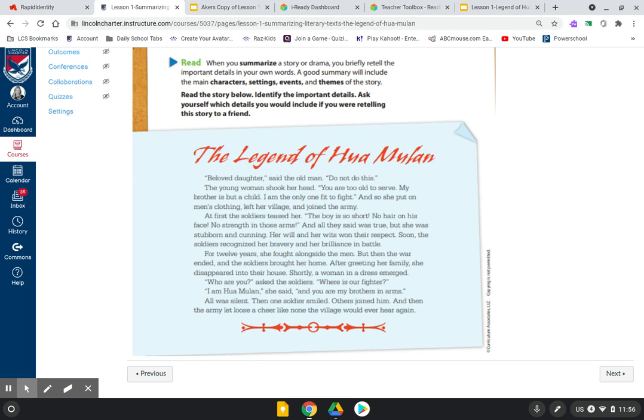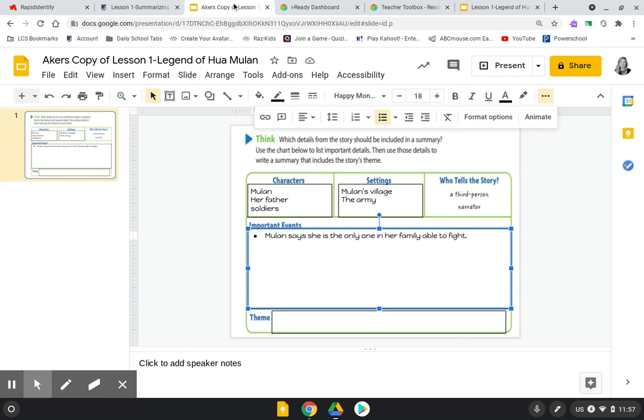The brother is too young because typically the men would then fight in the army. And then it mentions how she feels that she's the only fit one to go into the army. So I would think one of the very first important details is Mulan says that she is the only one in her family who is able to fight. Go ahead and include that detail in your important events.